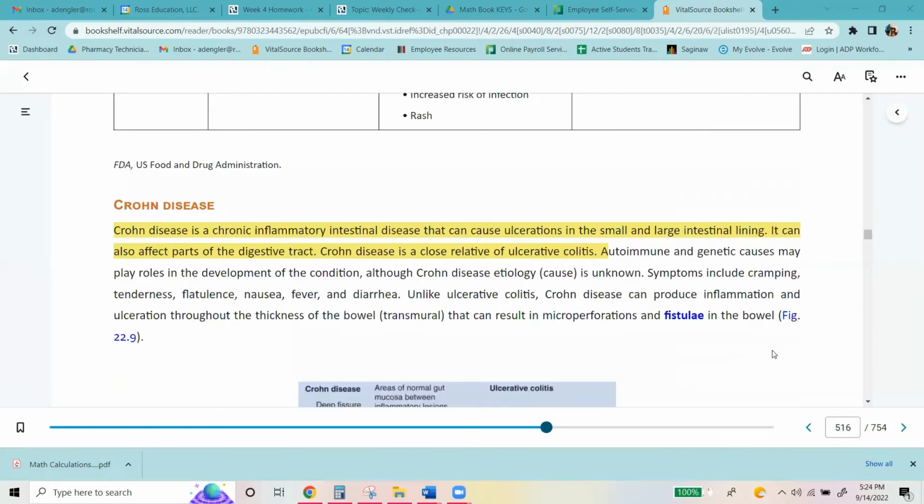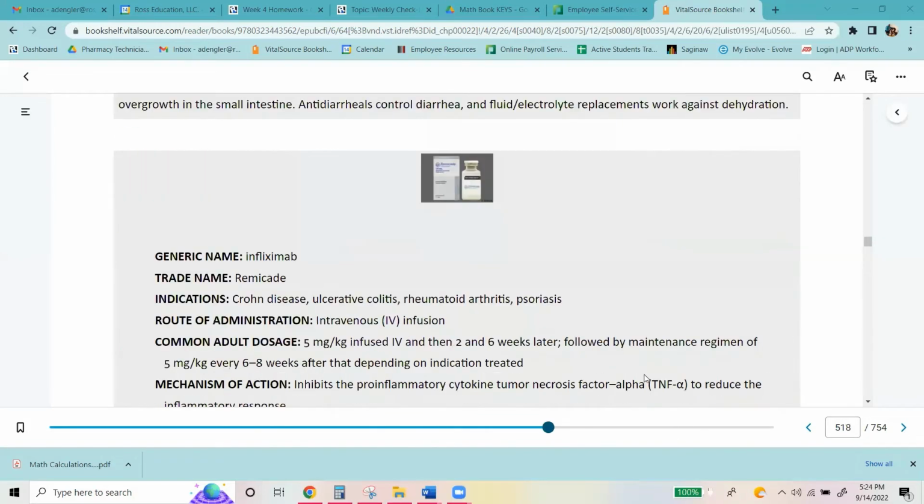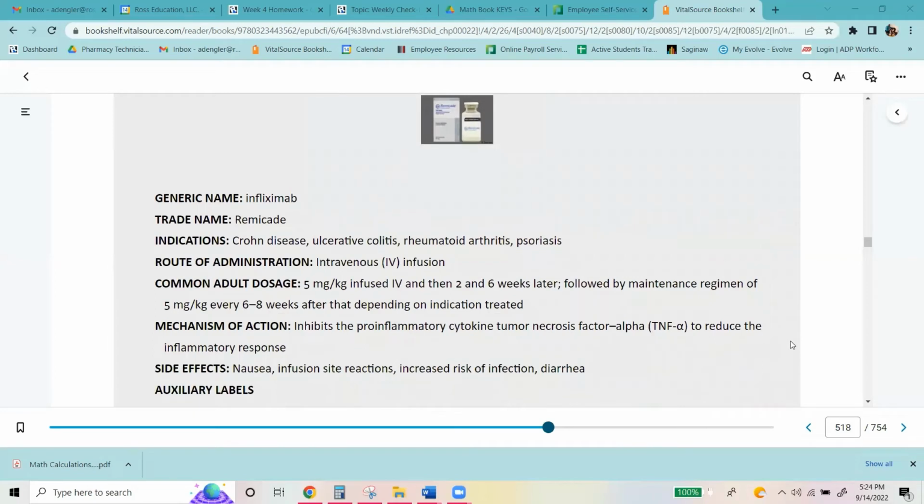Crohn's disease is a chronic inflammatory intestinal disease that can cause ulcerations in the small and large intestinal lining. It can also affect parts of the digestive tract. Crohn's disease is a close relative of ulcerative colitis, which we just talked about. Remicade, a very popular intravenous infusion, is used for Crohn's disease, ulcerative colitis, rheumatoid arthritis, and psoriasis.